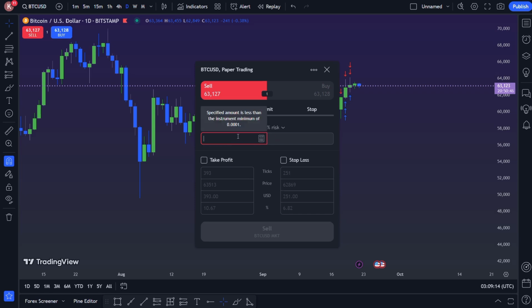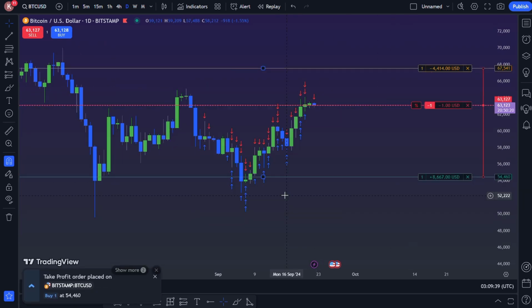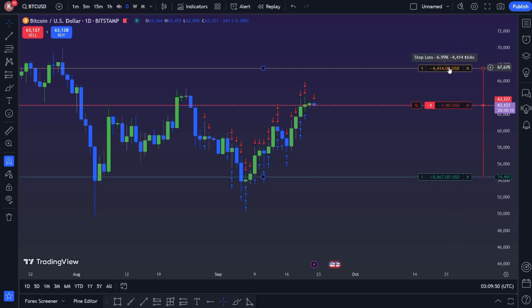Okay, let's do, for example, one Bitcoin, right? You have one Bitcoin right here. So look, the moment it hits this, I take profit. That makes sense, right? The moment it hits this, I lose money, but my move is over.